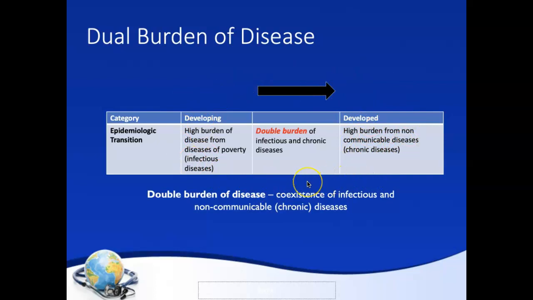And I'm seeing this loud and clear in my work in Ghana, where we still have high rates of malaria, HIV infections, children dying from diarrhea and cholera, but also coupled with hypertension, diabetes. And so they're exhibiting this double burden of disease, the coexistence of both infectious diseases and non-communicable diseases.